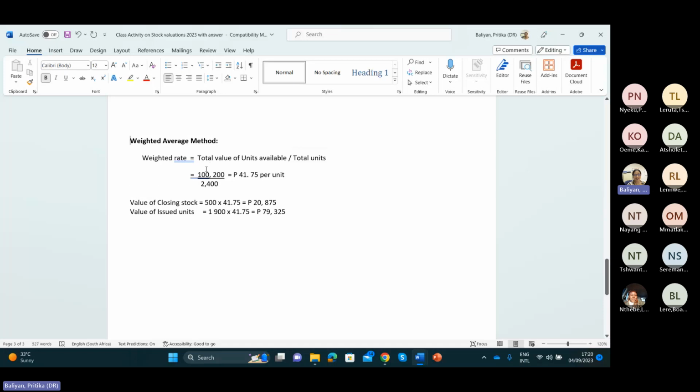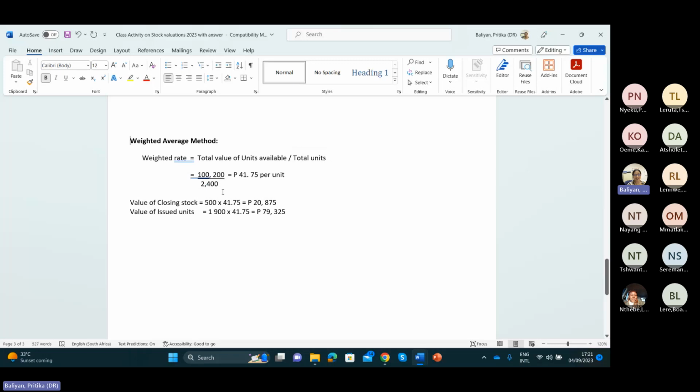In this question, this business has started only this year, so there is no opening inventory from last year. So the total value of units available is the total value of purchases, which is this amount, 100,200 pula, and the total number of units received is 2400.